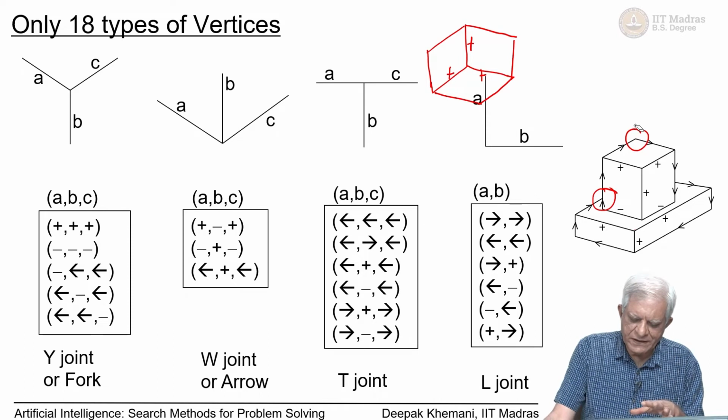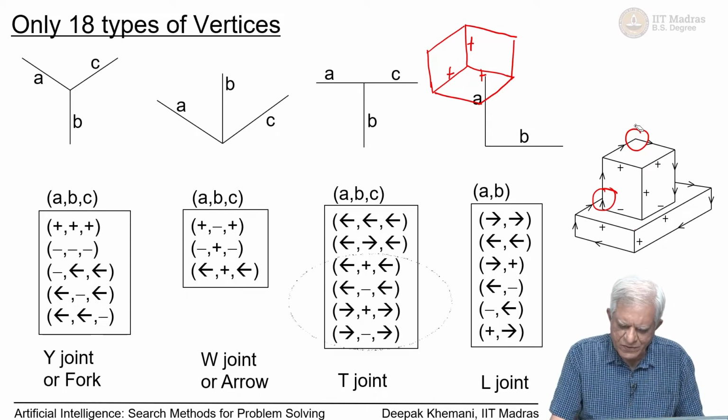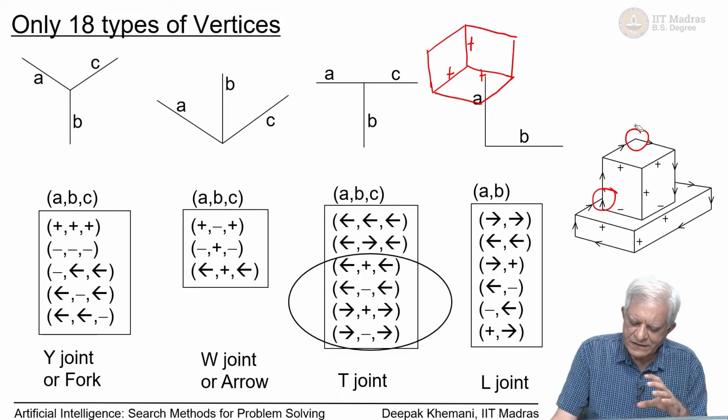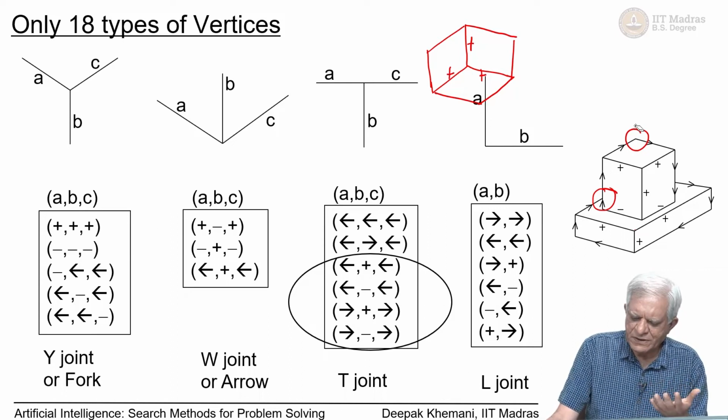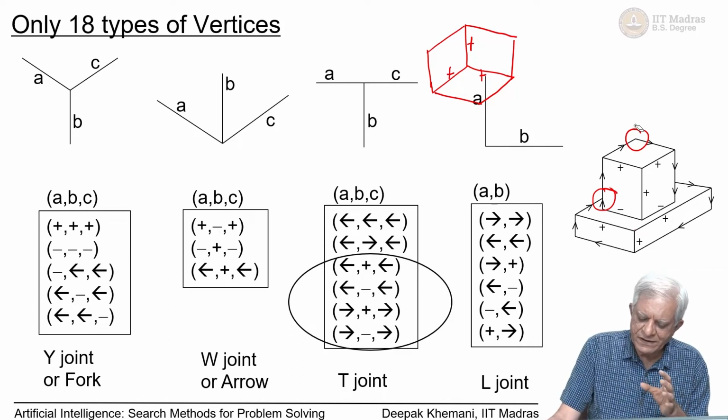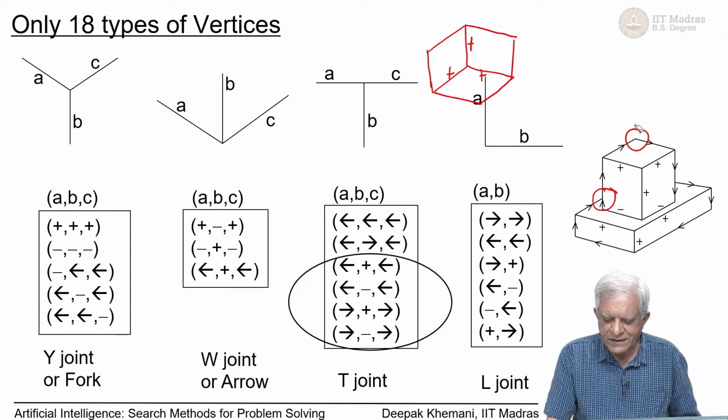So, here we have more than 18, but some textbooks will compress these into 1. Some textbooks say that there are only 3 there, but if you just think about it, the point is that only certain combinations of labels are allowed, and most books talk about 18 junctions.